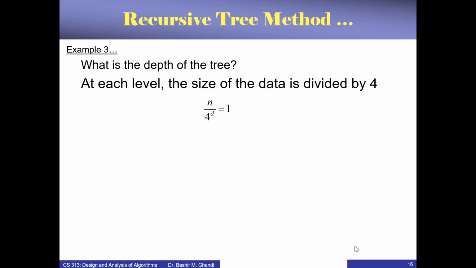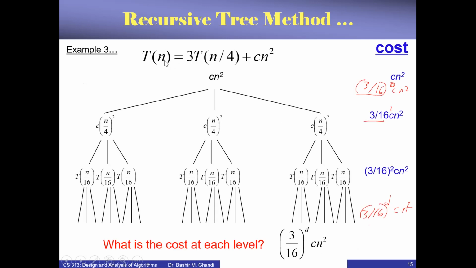So for the depth, you have to notice that we keep dividing by 4. Initially it was n, then we divide the input size by 4. Then we're going to divide by 4 again, and by 4 again, and so on.